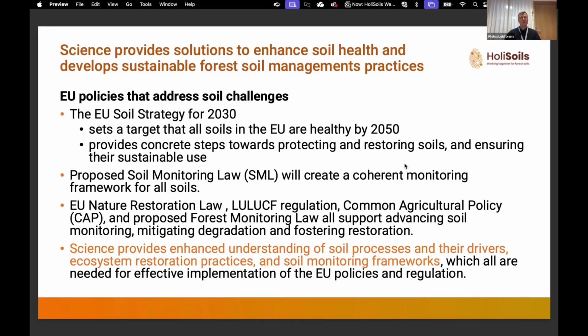Then we also have the soil monitoring law with the aim to create a coherent monitoring framework for all soils. Then we have the nature restoration law, LULUCF regulation, common agricultural policy, and the proposed forest monitoring law. All support soil monitoring, mitigating degradation, and fostering restoration.